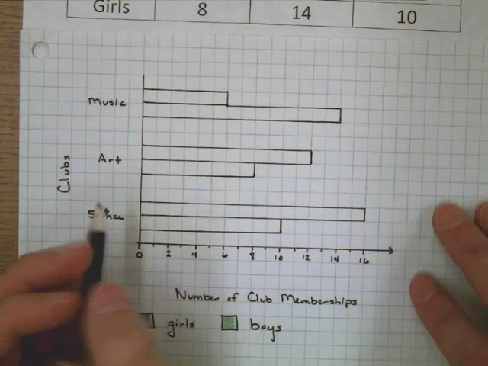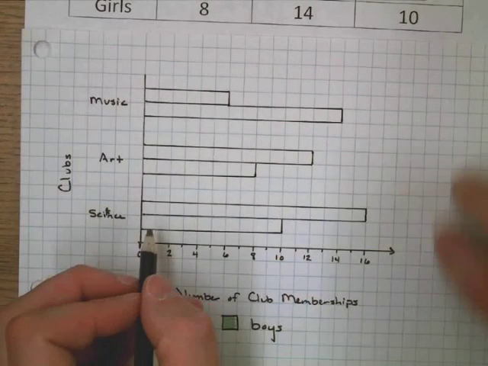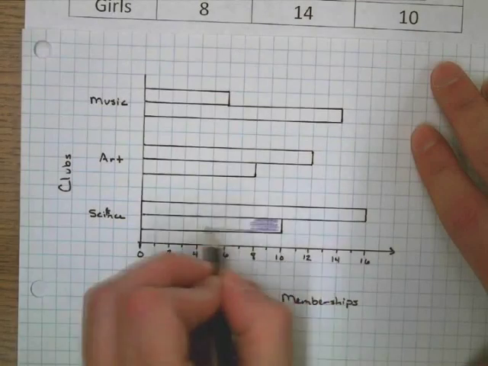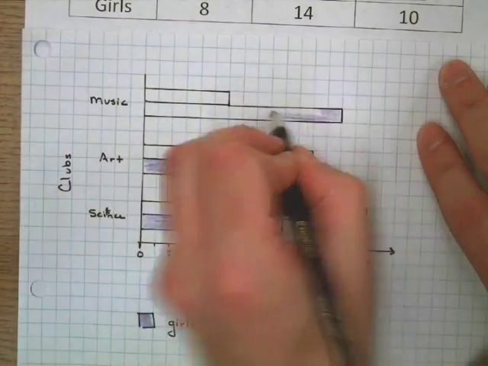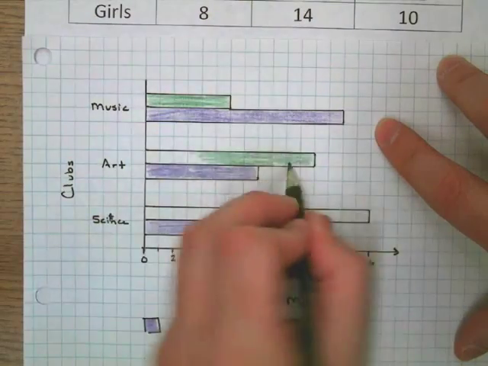And so the girls down here, so again, science, they had 10, and I can go in and shade in that. And the boys were green.